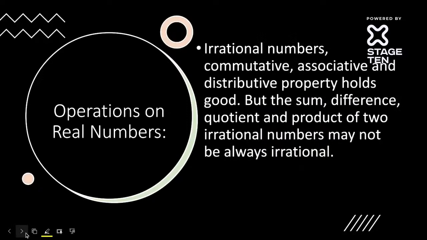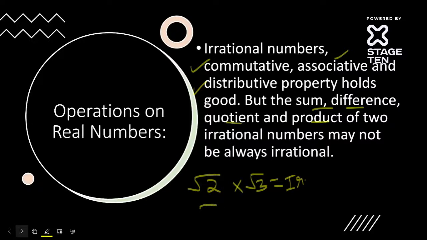Secondly, irrational numbers. When I talk about irrational numbers, commutative, associative, and distributive properties are there. But the sum, difference, quotient, and product of two irrational numbers may not always be irrational. For example, root 2 into root 3 will be irrational, isn't it?